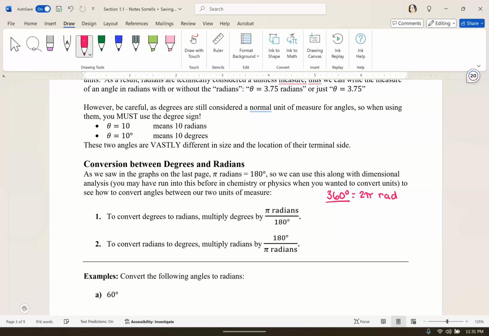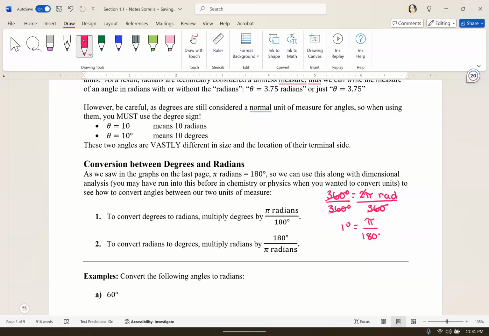So if I wanted to know what 1 degree equaled, I could divide both sides by 360. So that means this would go down to 1 degree, 2 would go here, and I would get 180. So I would get pi over 180 radians.